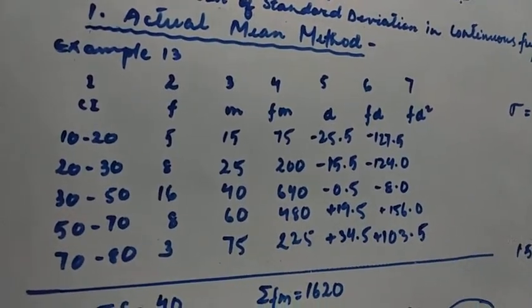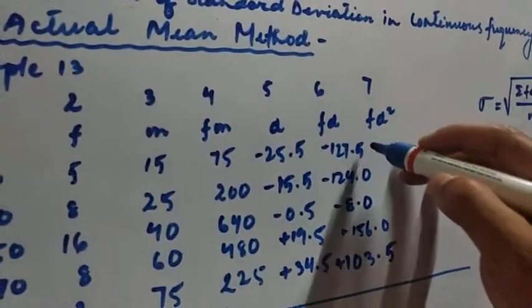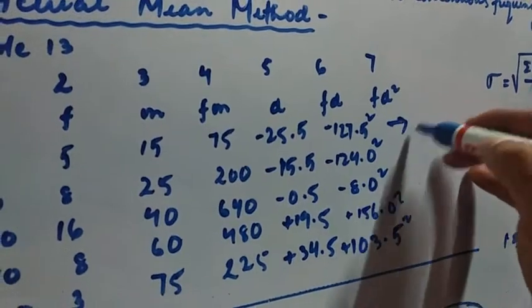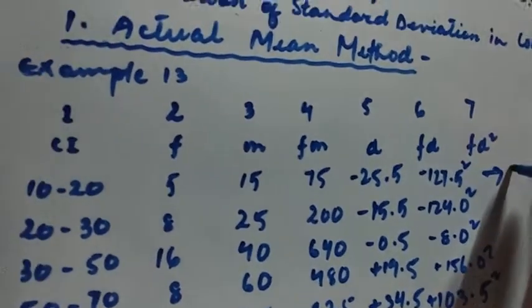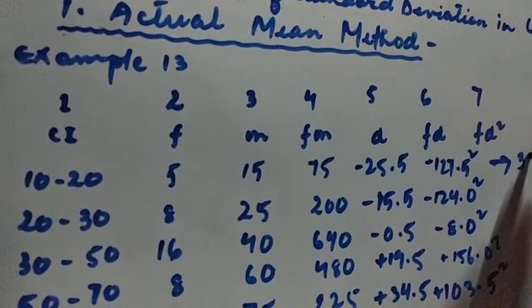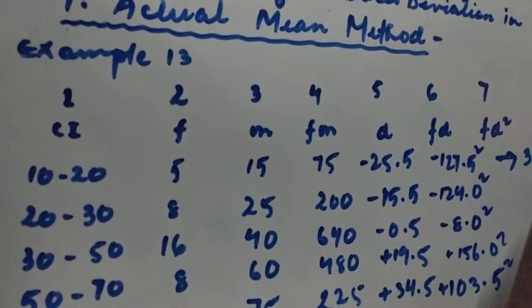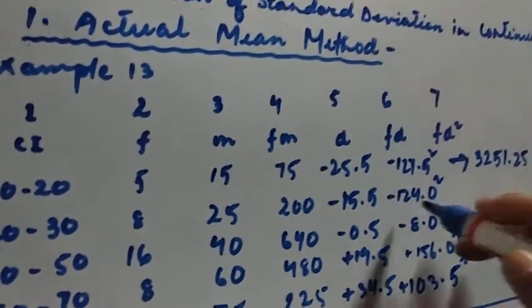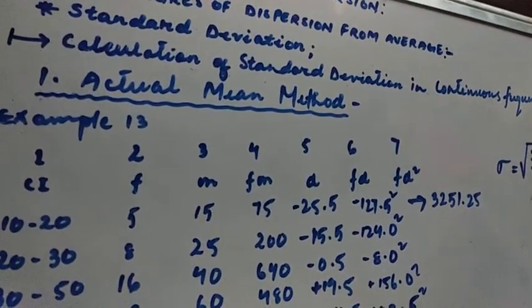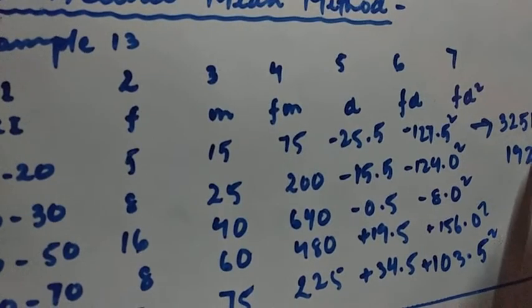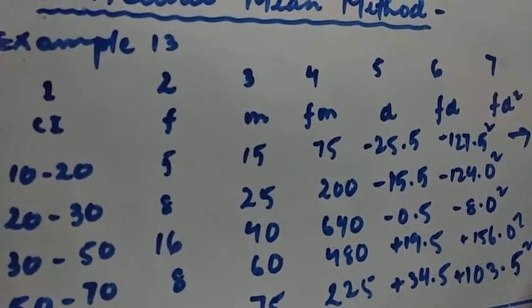When you have fd, you just square it to get fd square. So 127.5 square is 3251.25. 124.0 square is 1922.